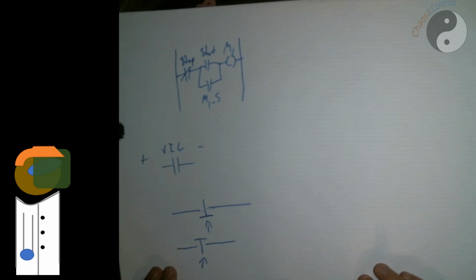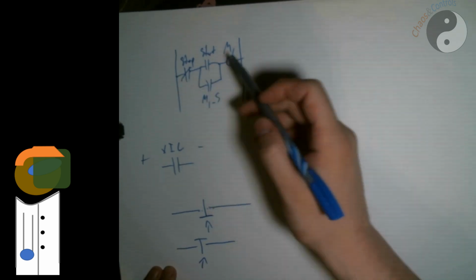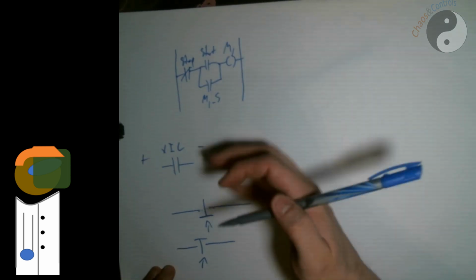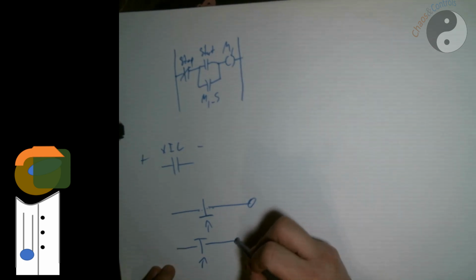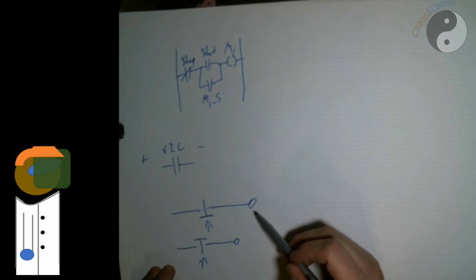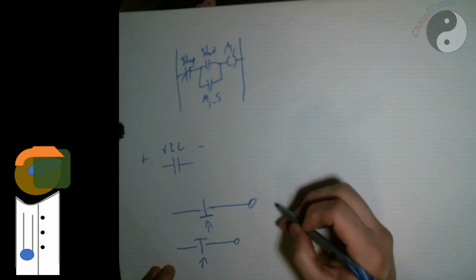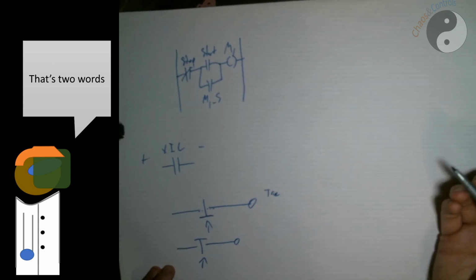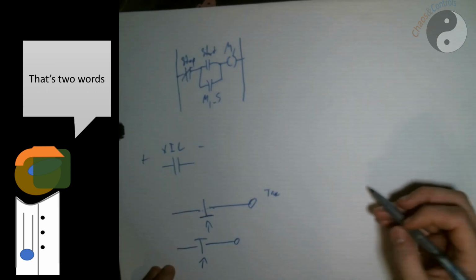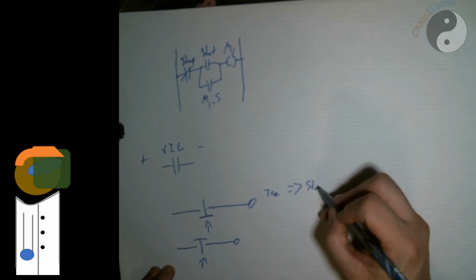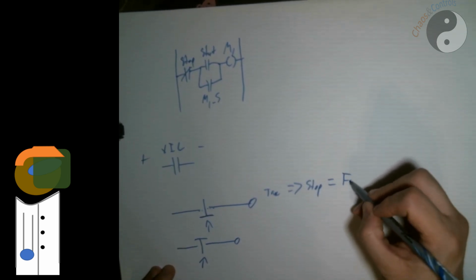And functionally, we can use either of these for our stop, our start, our statuses, or whatever. And all it would mean is that if this is my I/O over here, for this guy that is normally closed, another word for that would be tied high, I would just say that if this is true, I can't even spell true, I really am an engineer, then I'm going to map that to stop equals false.